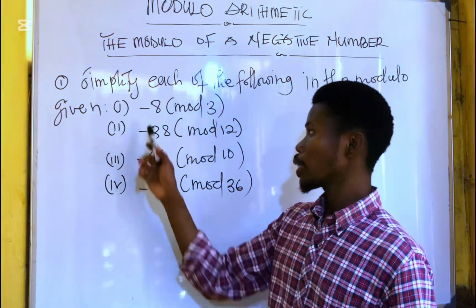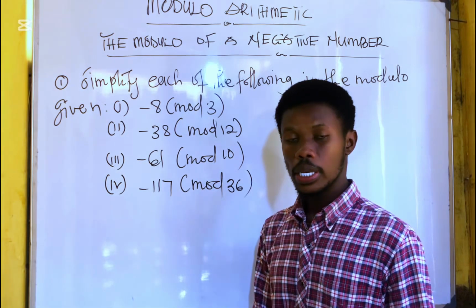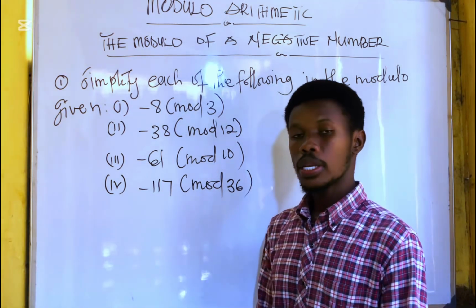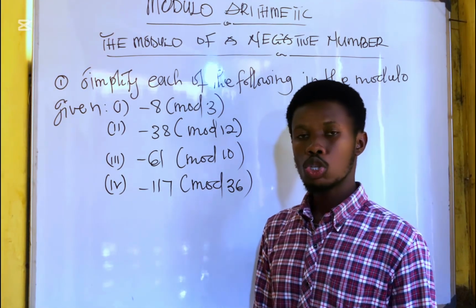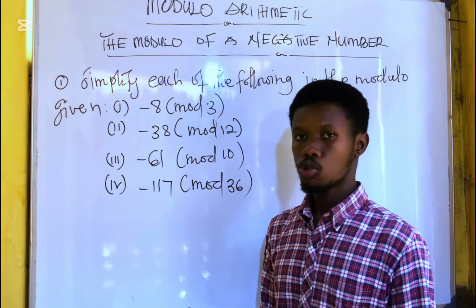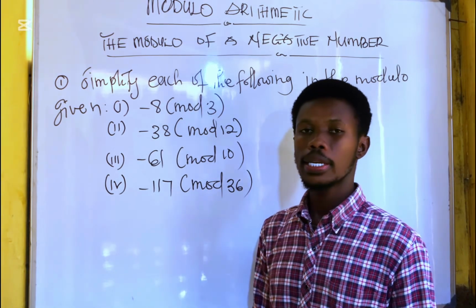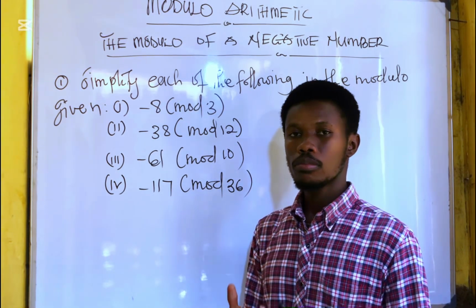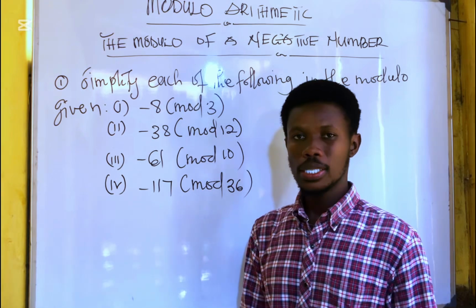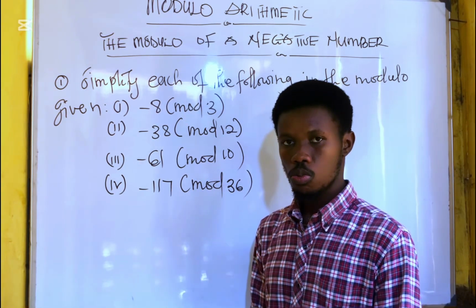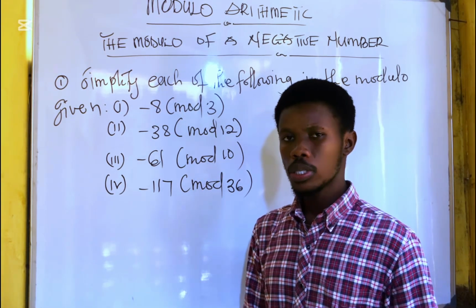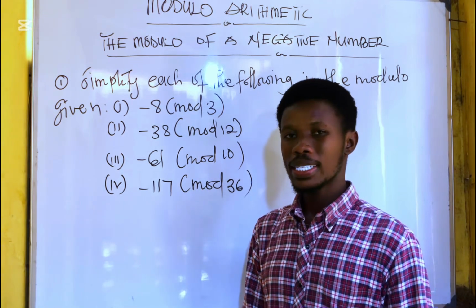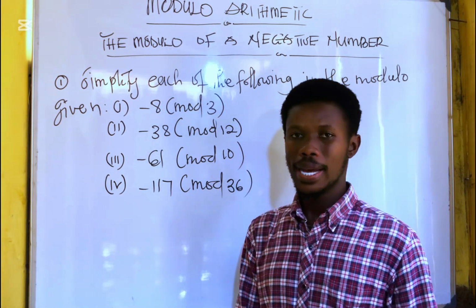Now you realize that here it is negative, not positive. If it was positive, then you can say that 3 can go into 8 2 times, remainder 2. So the answer would have been 2. But here it is negative. So when it's negative, do you still divide? The answer is no. Is that okay? Or do you still subtract? The answer is no, but you rather add.